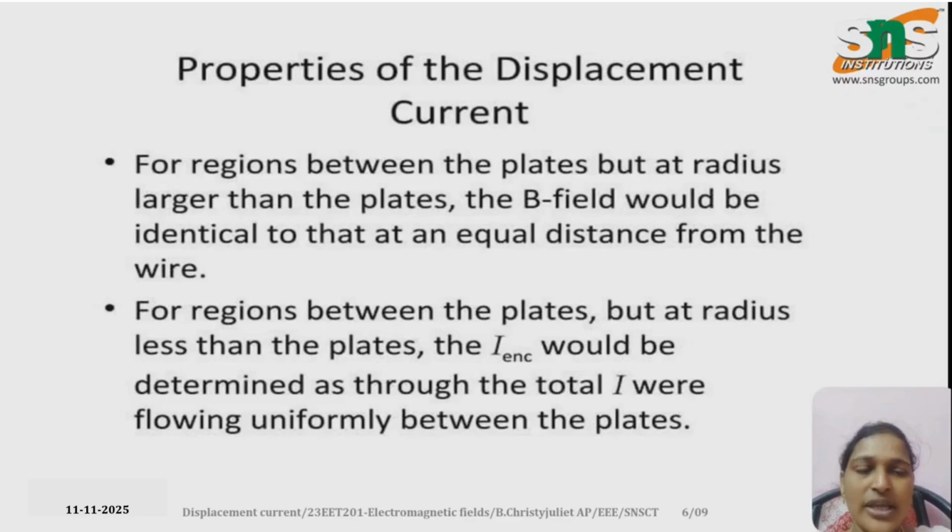So now let's get into the properties of displacement current. Between the plates, if the radius is very large, then the magnetic flux density would be identical to that at an equal distance from the wire. For the regions between the plates where the radius is smaller, the I enclosed would be enough to determine the total current flowing through the plates, which is very uniform.